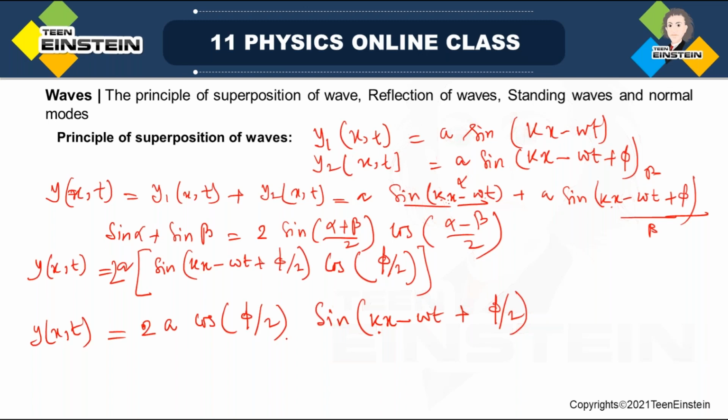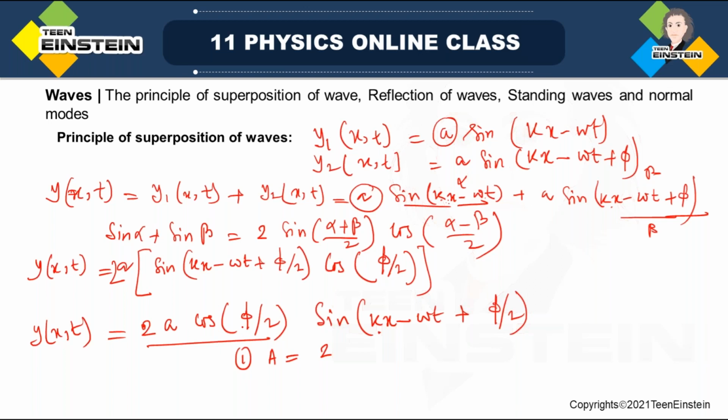There are actually two changes. The first change is in the amplitude. Earlier it was a for each of them, now it has become 2a. The whole thing we can take as amplitude because there is no time factor over here.